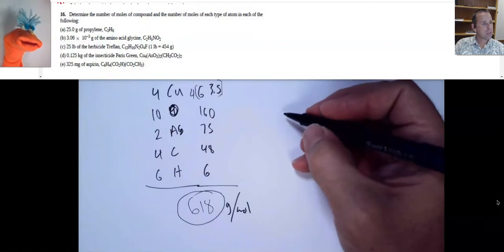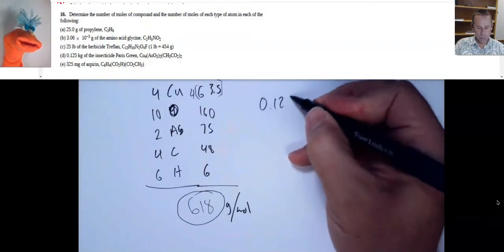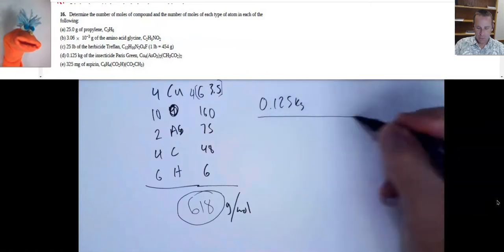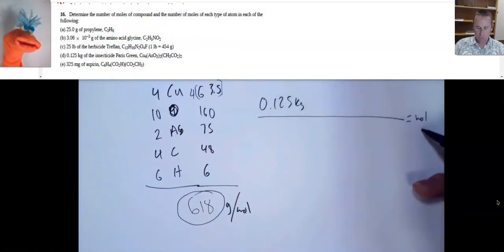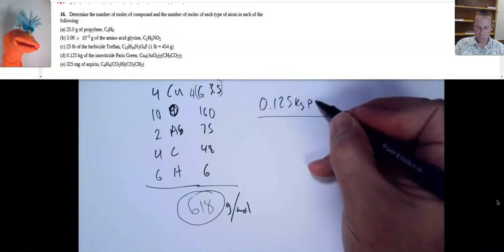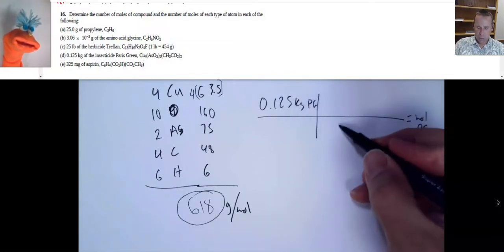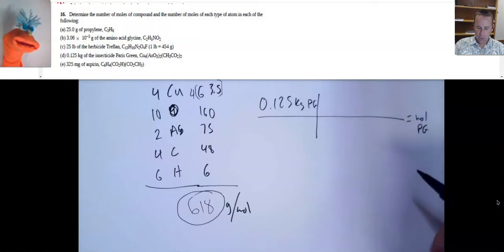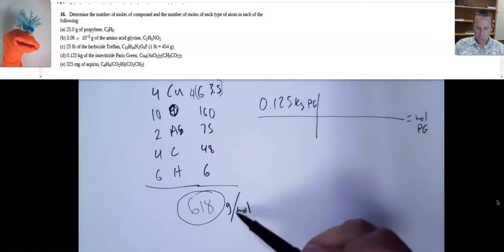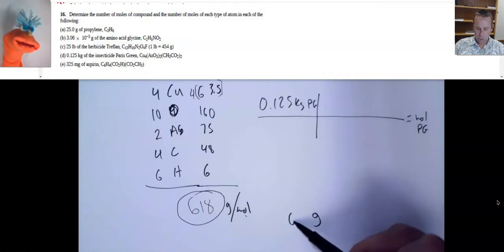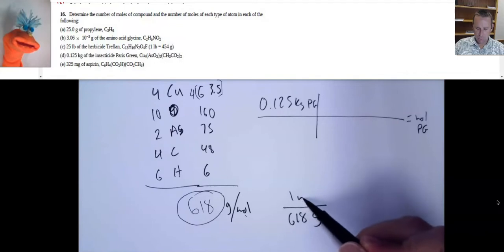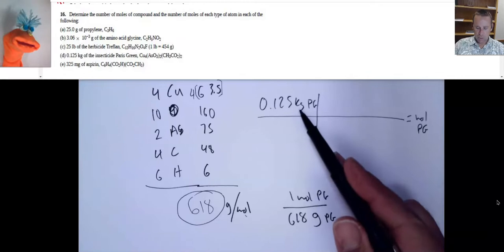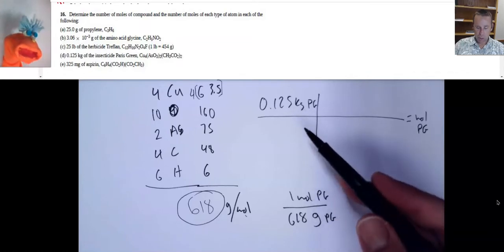So if we start off with 0.125 kilograms, and we would like to know how many moles of this Paris green we have, what can I do here? I'm in kilograms and I want to get to moles. I know grams per mole, so I can use this conversion factor, 618 grams for every 1 mole of Paris green, right? But I have this in kilograms. Just convert that to grams.